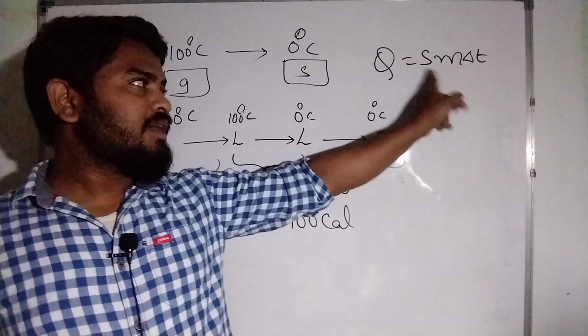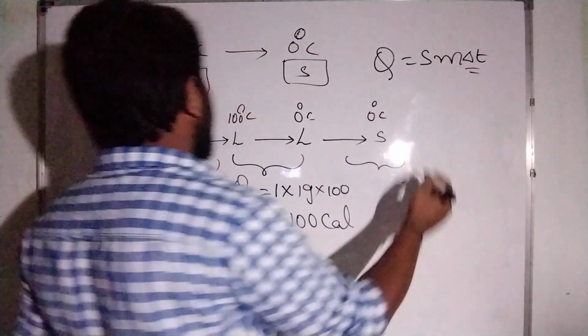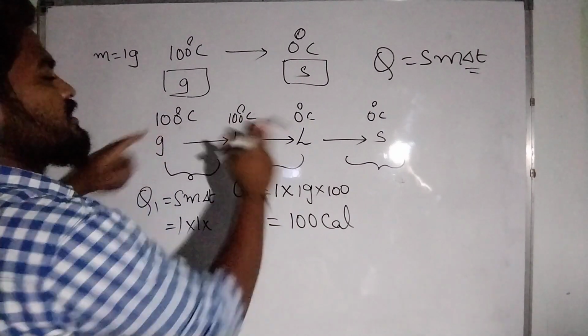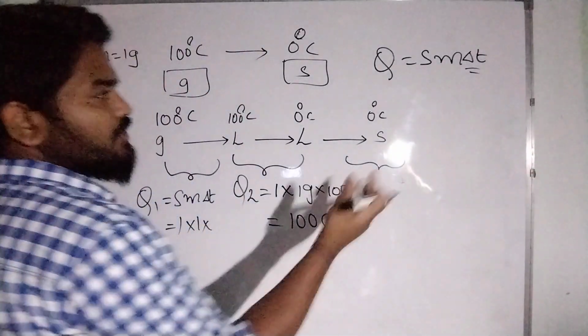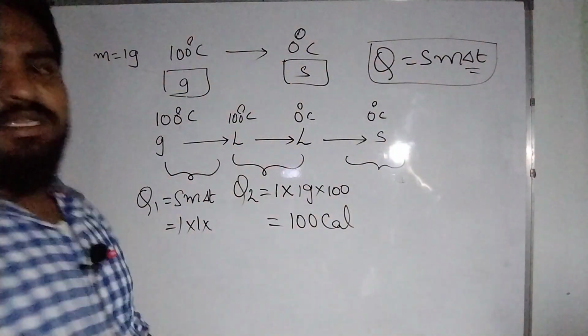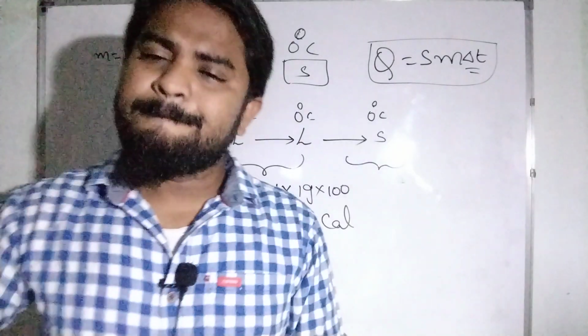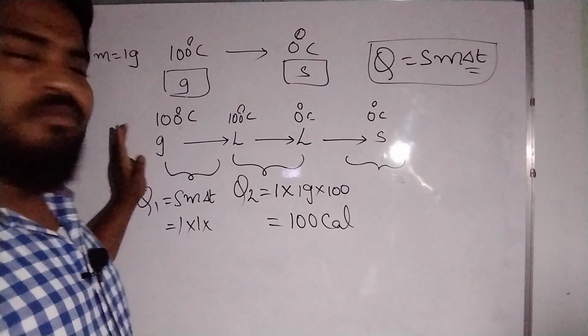If you use this formula, change in temperature will become 0. Means 100 minus 100, 0. 0 minus 0, 0. So there is no change in temperature. If you use this formula, the final result will be 0. But in reality, is it really 0?